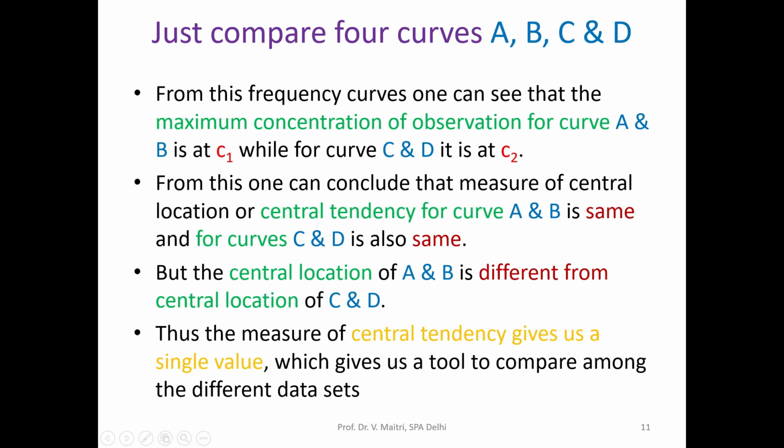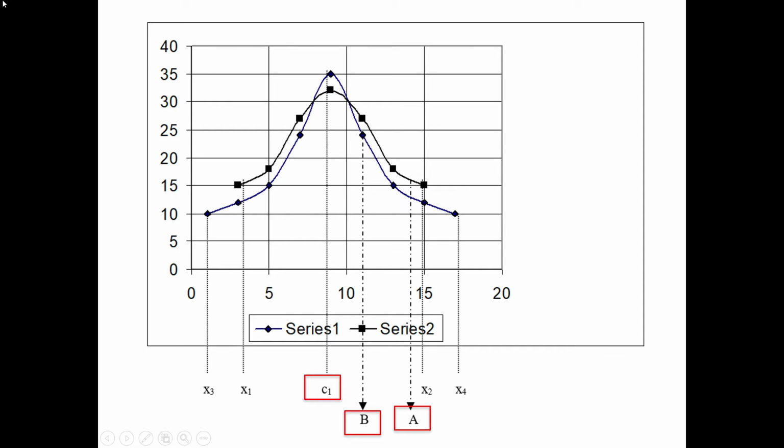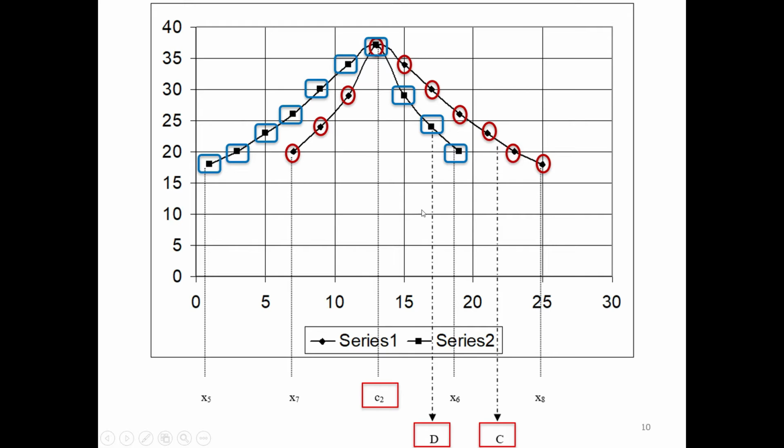So let's compare the four curves, A, B, C and D. We can say the maximum concentration of curves A and B is at C1. Here is the maximum concentration for both curves. And for curves C and D, the maximum concentration is at this point C2. So mostly the data is concentrated here.